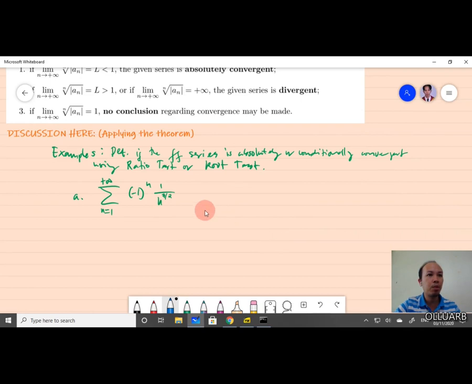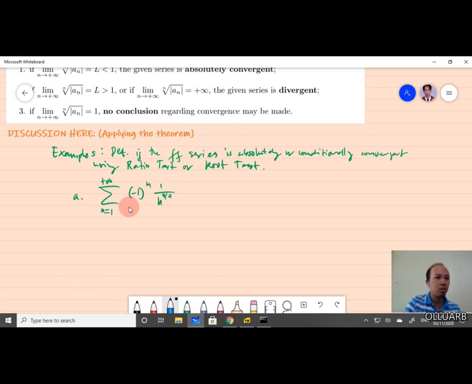For our first problem, determine if the following series is absolutely convergent or conditionally convergent using the ratio or root test. So as we can see, this is our problem before, and we showed that this is absolutely convergent using the definition. So let's try to solve this problem using the ratio test.